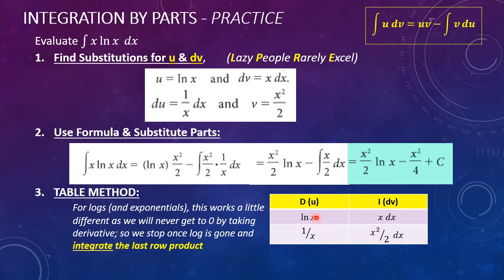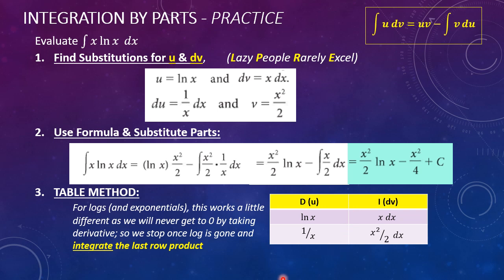Here we have x squared over 2 times the natural log of x, that's uv, minus the integral of the bottom row, 1 over x times x squared over 2. If the derivative column doesn't go to 0, you have to integrate the bottom row, and it could be a plus or a minus, since these still alternate. If this was the third row, then it would be plus, minus, plus the integral.